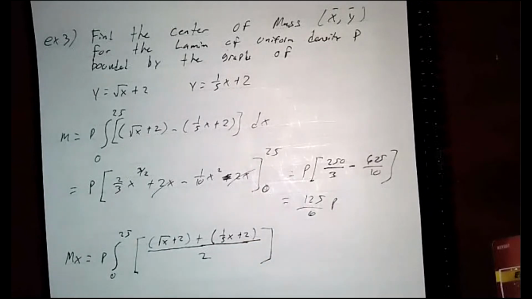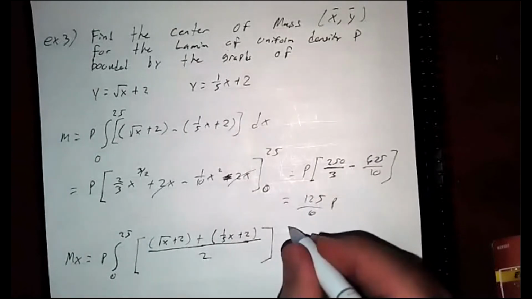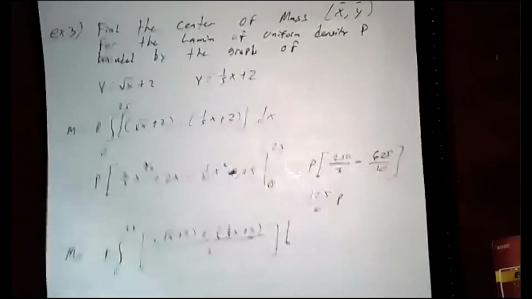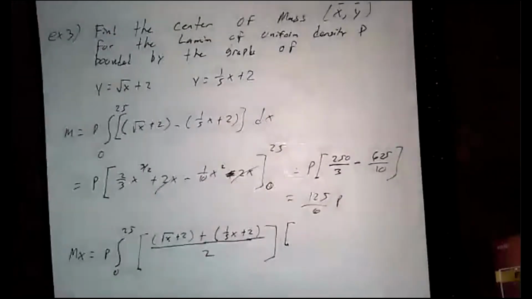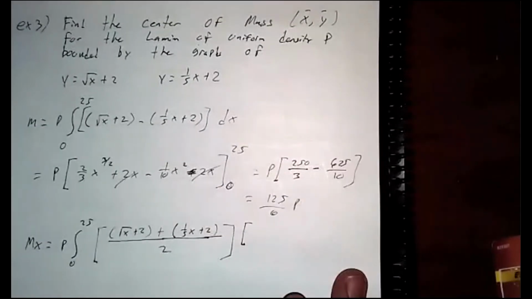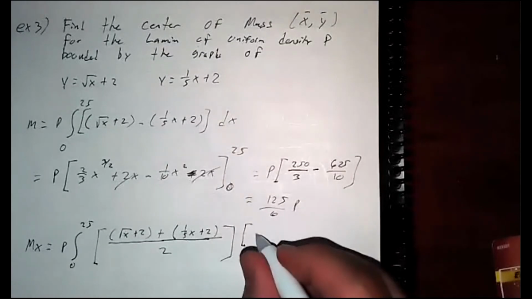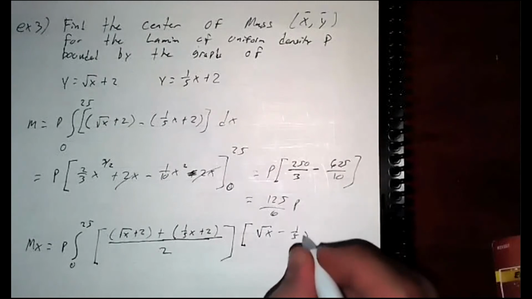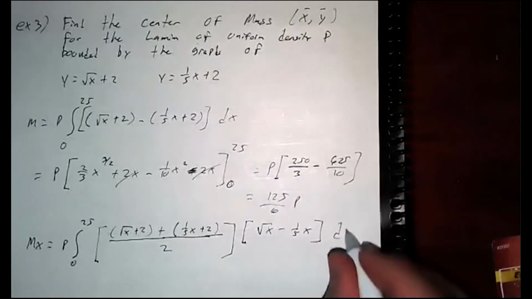Oh, forgot this one piece. Times f minus g, I believe. Yeah. Times f minus g, which will be square root x minus 1/5 x dx.